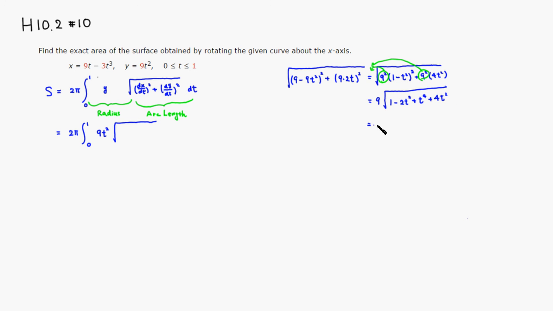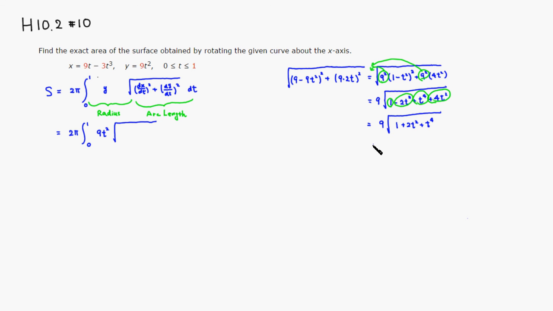So this is going to be 9 square root of 1, and I'm going to combine negative 2t squared and the positive 4t squared, so plus 2t squared, and then the last term is t to the 4th.